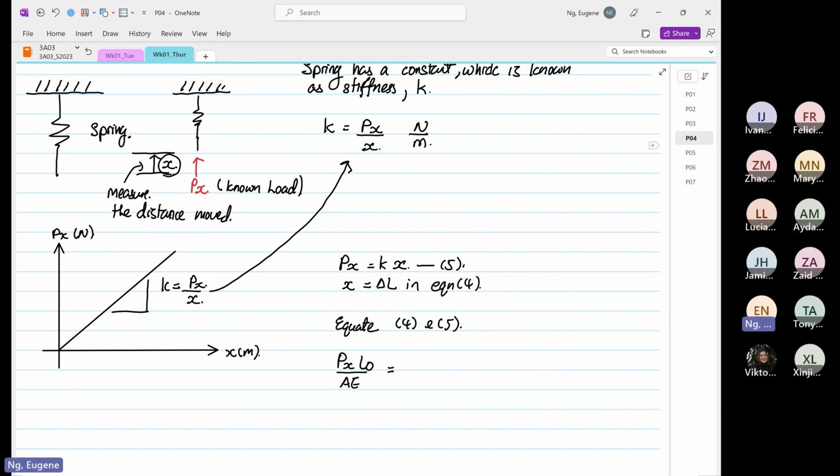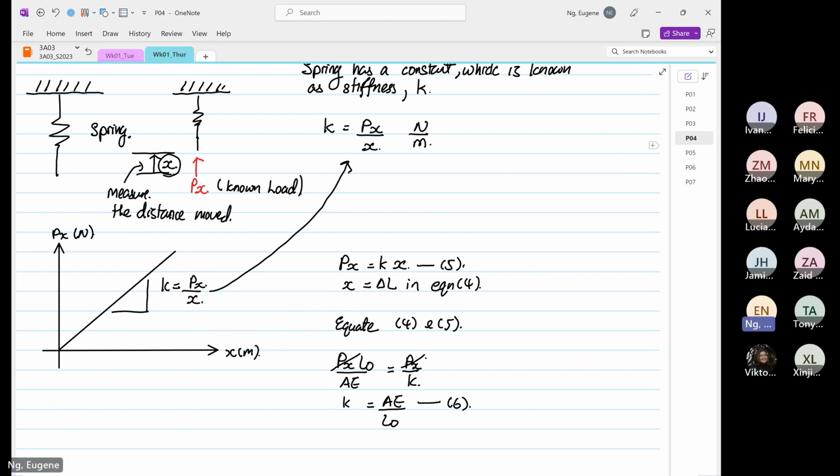So this will be equal to the change in length x, which is Px over k. So you can get rid of your Px. So your stiffness k is equal to AE over L naught. Okay, so this is our equation number 6.